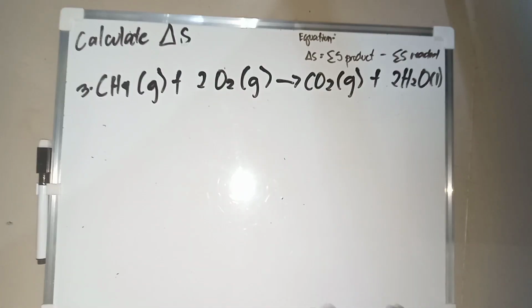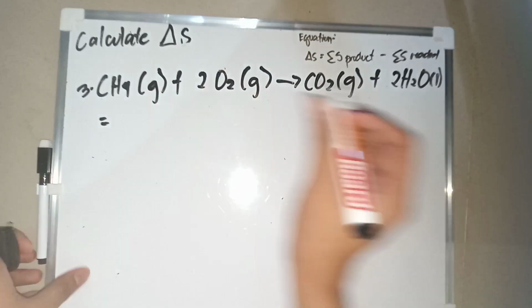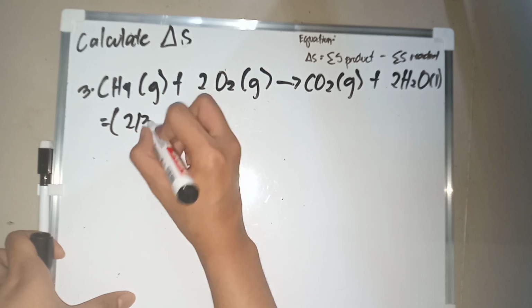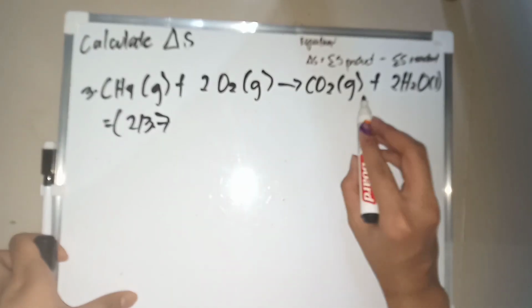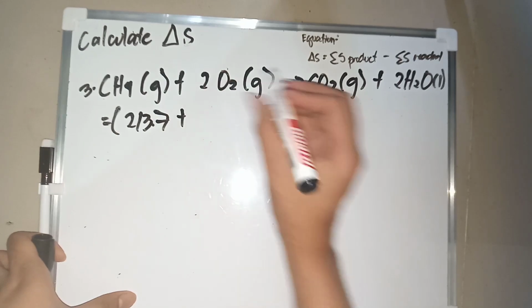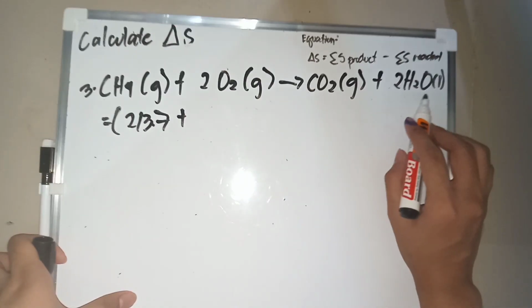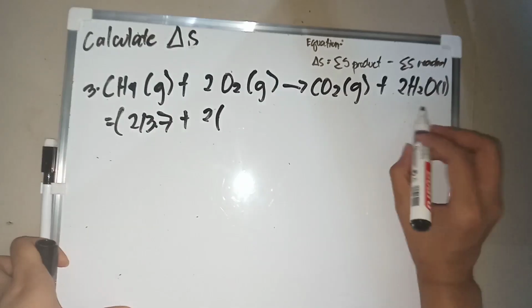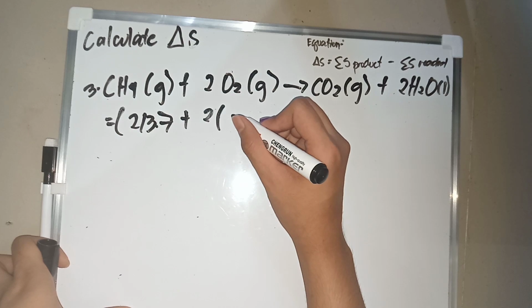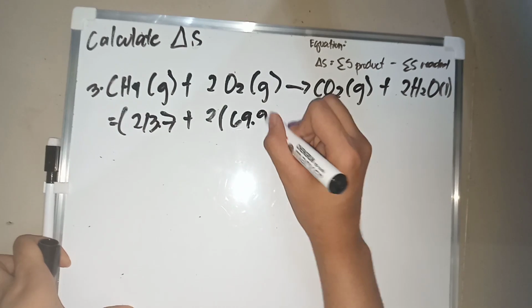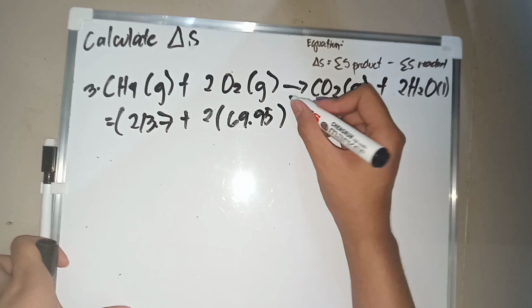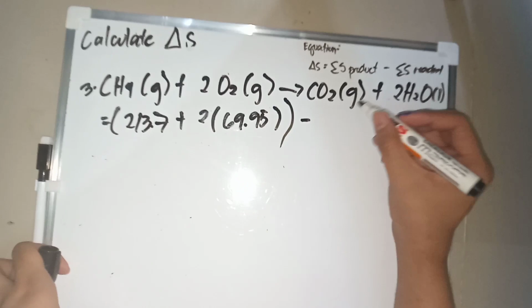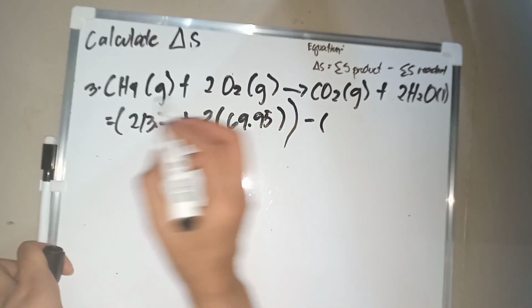So CO2 gas is equal to, close parentheses, 213.7 plus, we have 2 H2O liquid, so multiply by 2. 2 times the value of H2O is 69.95, close parenthesis, minus our reactant, we have CH4 gas.